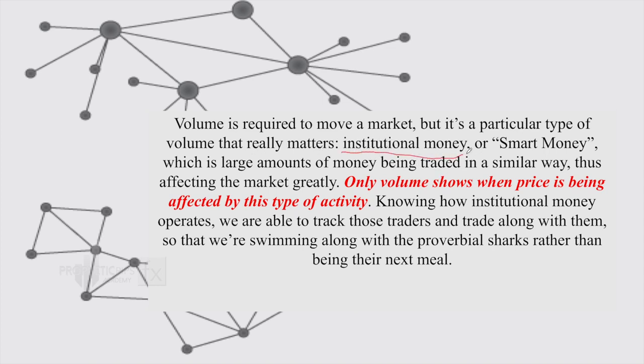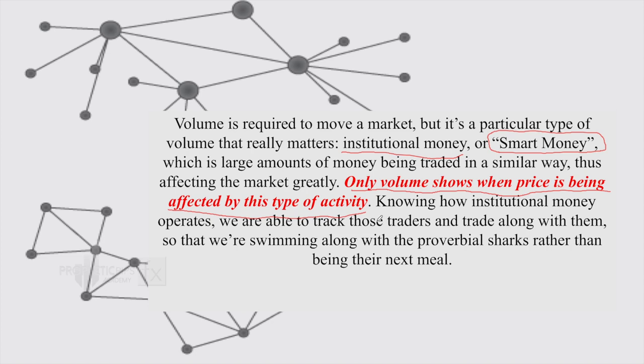Not institutional money, or what we know as smart money, which is large amounts of money being traded in a similar way, thus affecting the markets greatly. Only volume shows when price is being affected by this type of activity. So a lot of our smart money traders aren't really smart money at all. Okay, because if they do not use volume, then they don't understand what the institutions are doing.